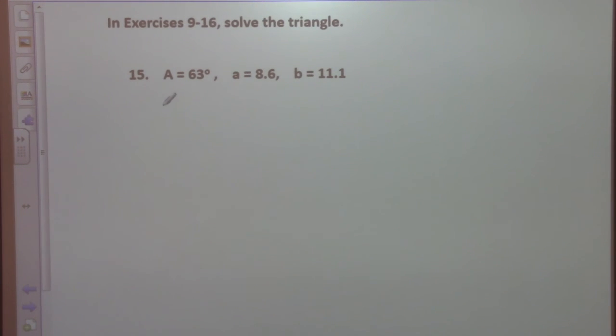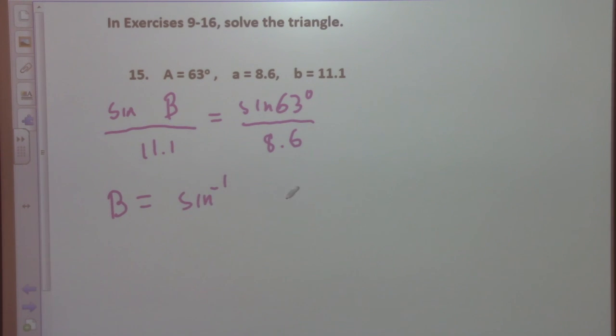I want to write sine B over 11.1 is equal to sine 63 degrees over 8.6. And so what is B going to be equal to? Inverse sine of 11 sine 63 degrees over 8.6.